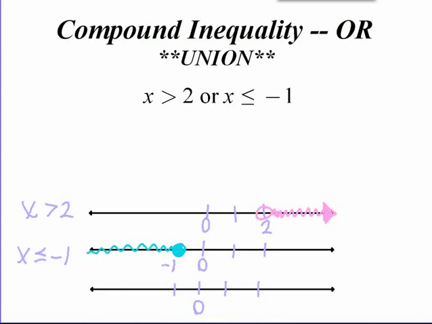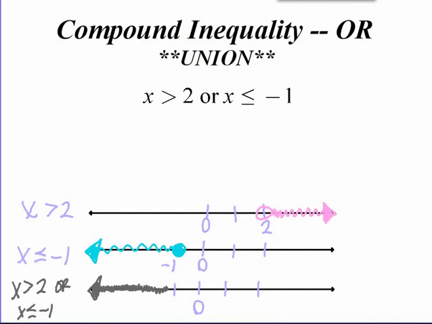So now, remember what I said about or. In order for it to be true, it just has to be in one. So if I'm going to graph x is greater than 2 or x is less than or equal to -1, is this left arrow shaded in at least one? Yep, so it's going to be shaded here. Am I still shaded in at least one? Yep, because I'm shaded blue.